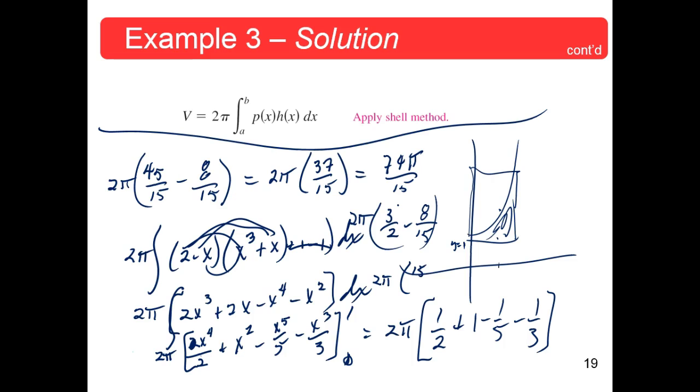Goodness, where's my brain now? 45. 45 minus 16 over 30. Right. Okay. Which would be 2 pi times, what's that, 29? Which would be 29 pi over 15. Yes, that's what we got.